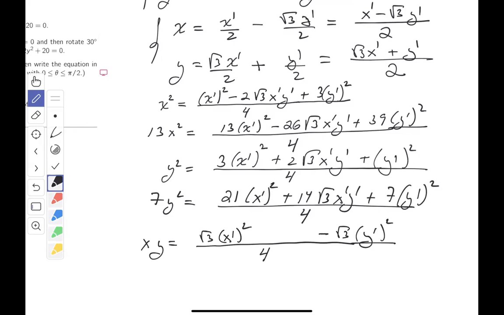And in the middle, what are you going to get? Well, minus 3 plus 1, which is minus 2, x prime y prime. Take a moment: 2 times 2 is 4, that's the bottom. In the middle terms, it's going to be minus 3 x prime y prime plus 1 x prime y prime, which is minus 2.